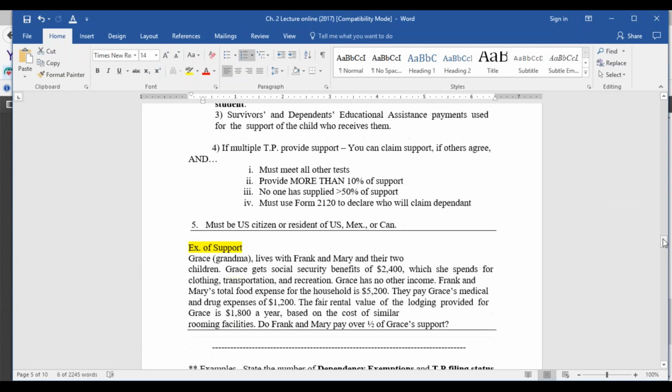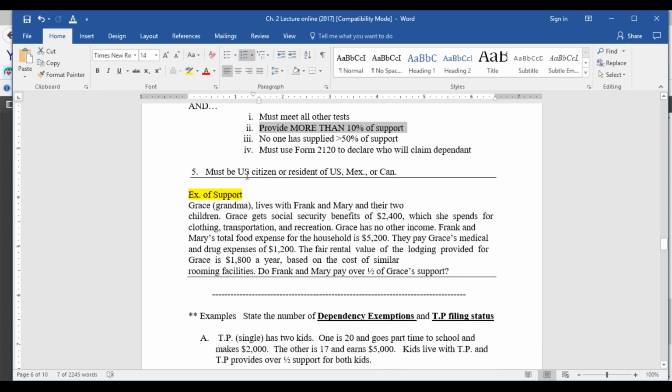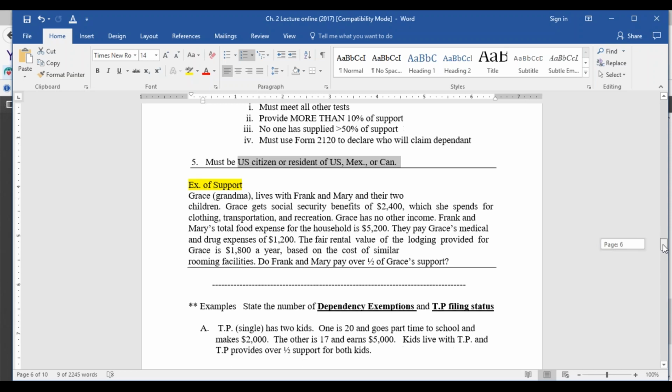There's one exception: if multiple people together provide over 50%, and no one by themselves supplied over 50%, then one person can claim it as long as everybody agrees and as long as that one person provided at least 10%. You can come together as a family or group and decide who's going to claim that individual each year. Finally, they must be, as with the child, a U.S. citizen or resident of the U.S., Mexico, or Canada.